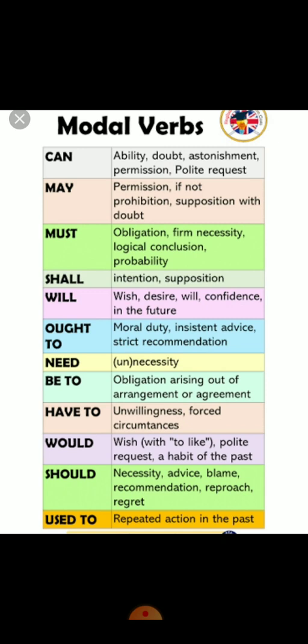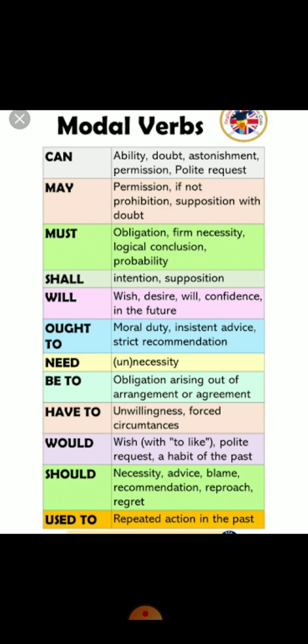Some points you have to keep in your mind and you have to practice on it to know primary auxiliary and modal auxiliary in a better way. The difference is basic. The first one is: modal auxiliaries do not change form according to the number or person of the subject, but the primary auxiliary does.